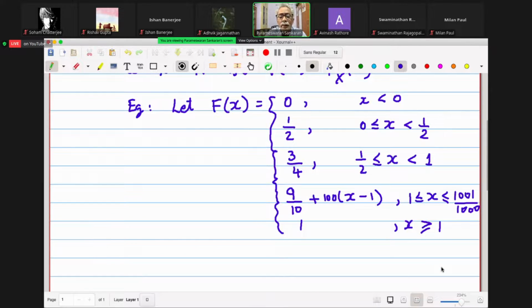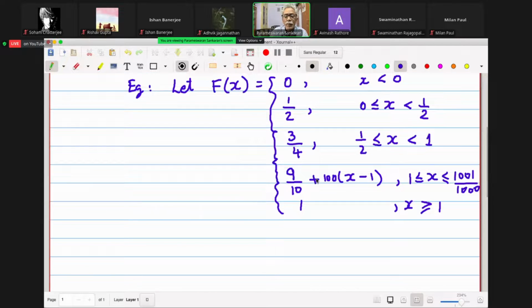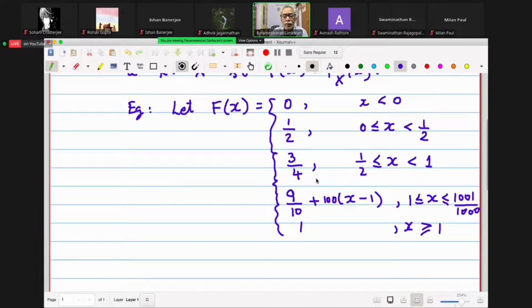So this is like the continuous part from here onwards, but up to here some discontinuities. So this is a type of function I was drawing the other day, except that this time I have very specific numbers. So you can sketch the graph and find out what is happening.